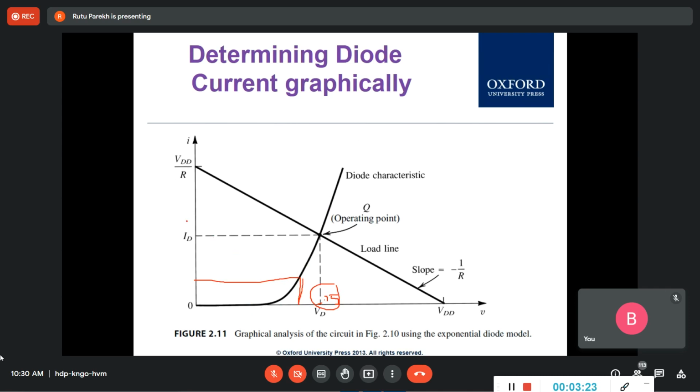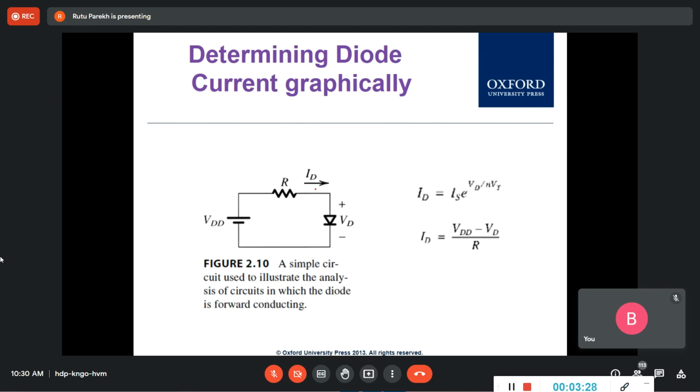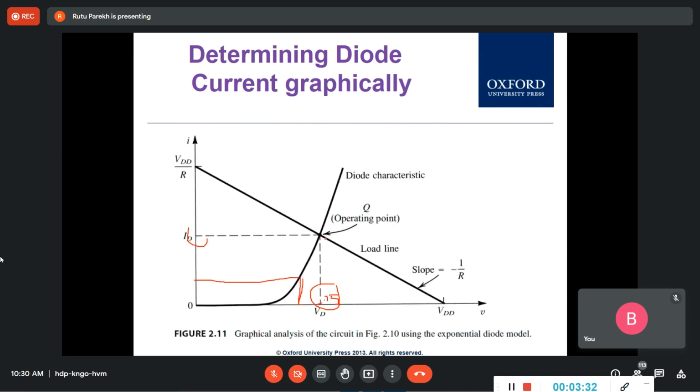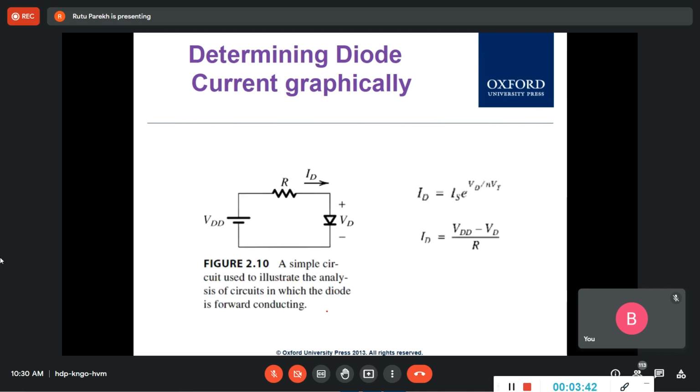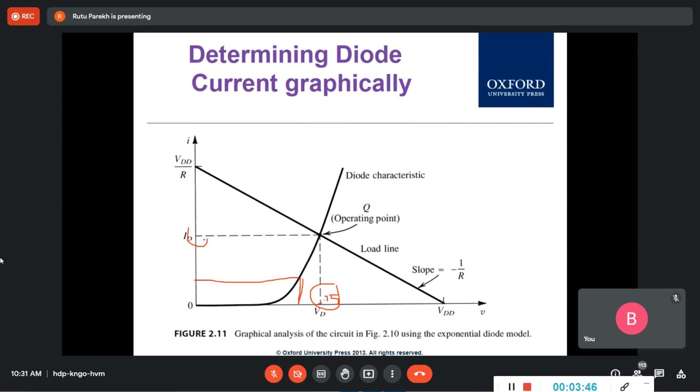this voltage and this current for the given conditions. Graphically, it is this VD and this ID you have to find out. In addition, they have given this value, but this value is not the solution. The solution of this circuit, the current that is flowing, is this ID and VD.